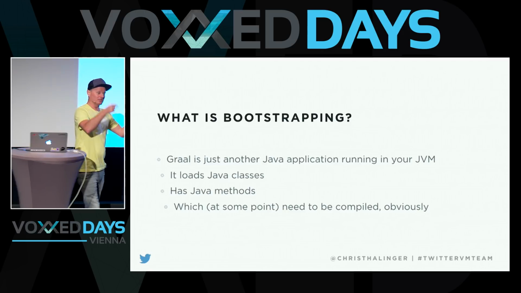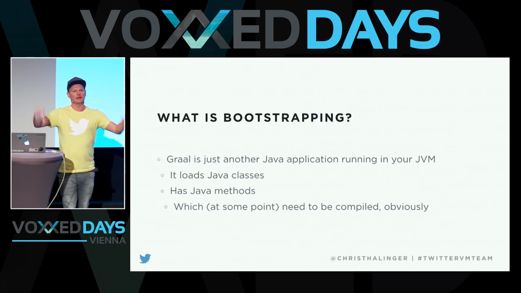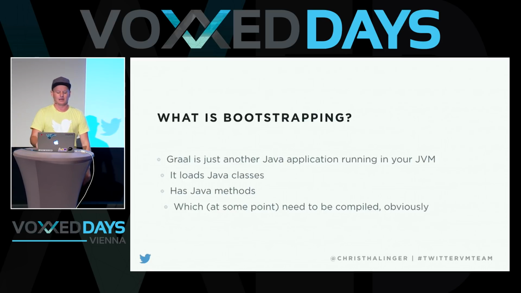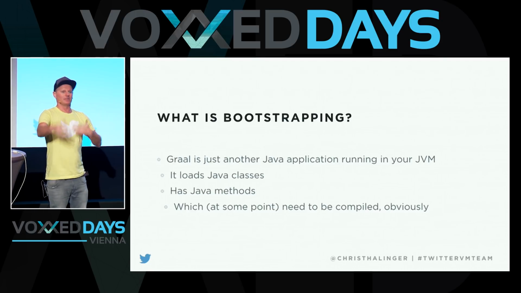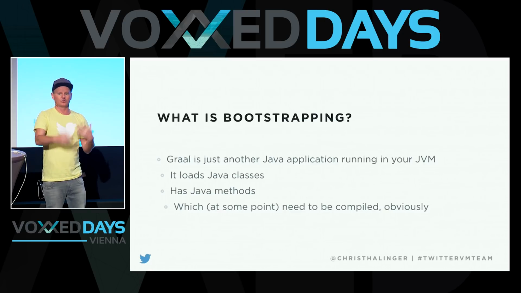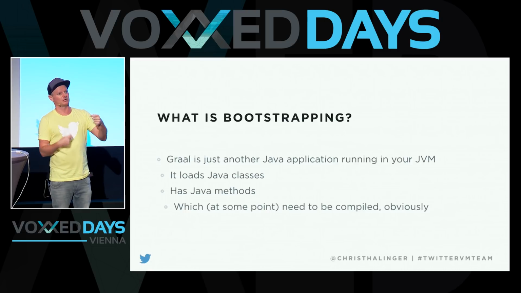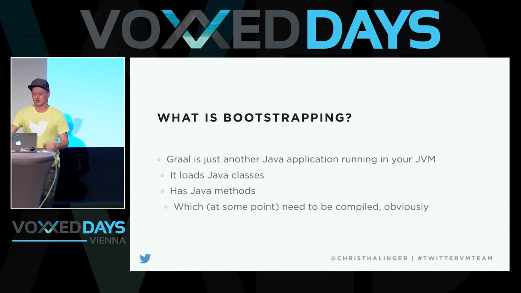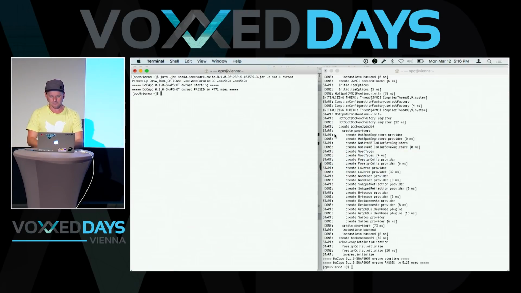And these methods, Graal's own methods, at some point need to be compiled because they're getting hot when they do work, okay? And that's exactly what bootstrapping is. It's this meta-circular approach. You run the VM and you yourself, you're a Java application, and you get hot, and then you get interpreted, and you compile yourself, but you're the compiler, so you have to compile yourself. That's bootstrapping.